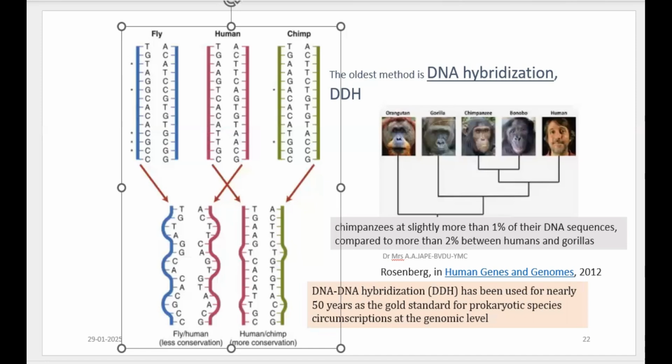Now, when it is about DNA hybridization, of course, it remained as a gold standard earlier, the ultimate method for finding out the genomic level classification of organisms. However, with advancements in the techniques, it was found that there is a necessity to replace this DNA hybridization, or maybe it can be said as to complement this method.